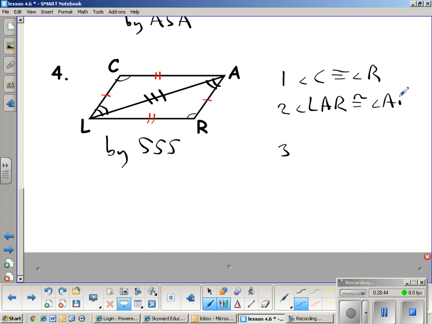Angle LAR congruent to angle ARC. No, AL. Yeah, ALC. Nice. Okay, good. Good job. Anybody else I've not let answer yet today?